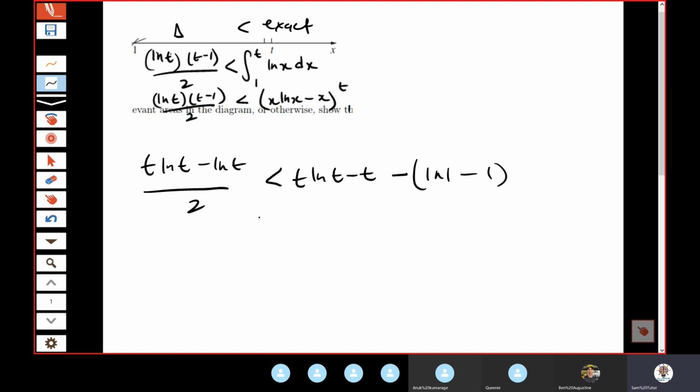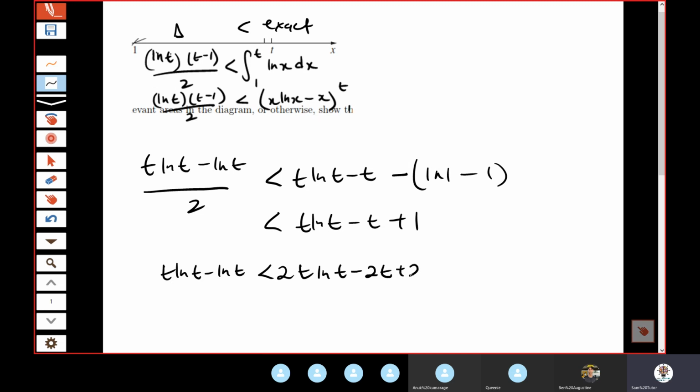So, next line, t log t minus t plus 1. Next line, times it by 2, so t log t minus log t is less than 2t log t minus 2t plus 2.